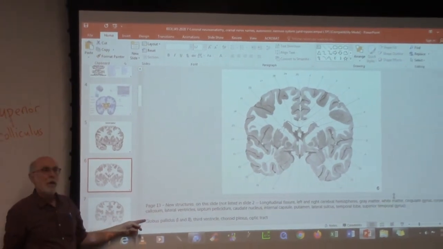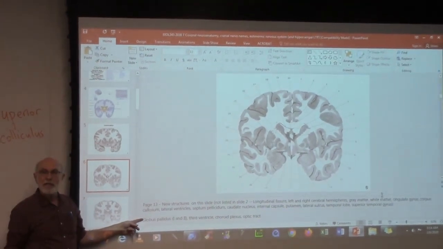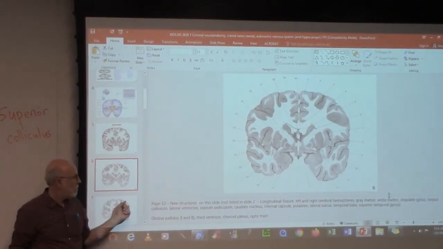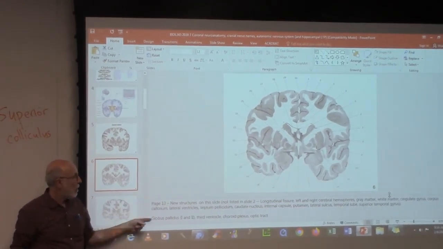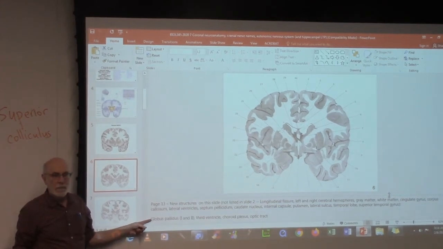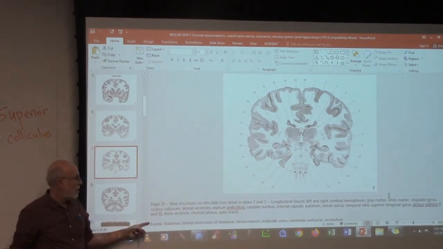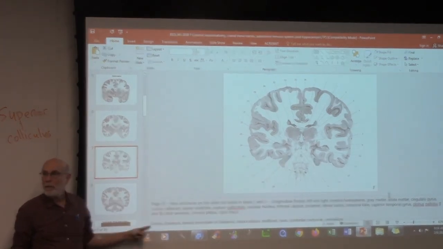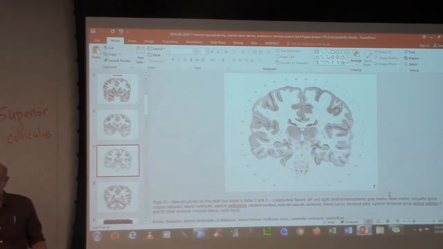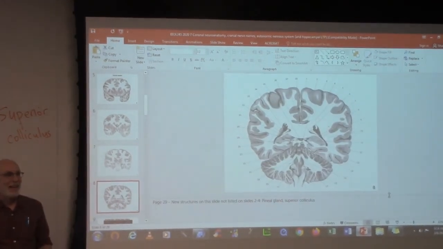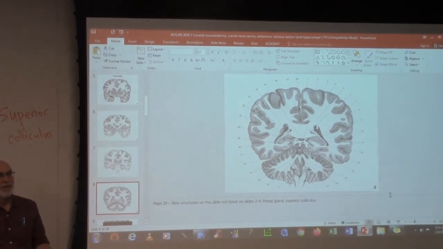Here are the new structures that you can see on this slide, and these are the ones you could see before. These are the new ones. I got tired of typing the names of the ones you could see before.